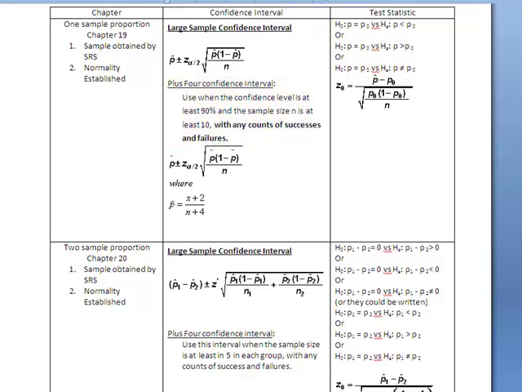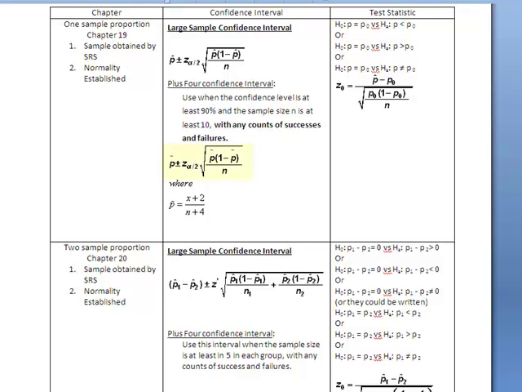We can do our +4 confidence interval. And that's our statistic now is p tilde, where we add these imaginary 4 successes and failures. So p tilde is going to be x plus 2 divided by n plus 4. You add 4 to the sample size, 2 successes and 2 failures. So we use p tilde instead of p hat.